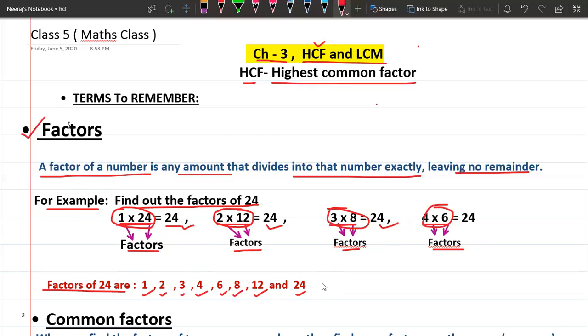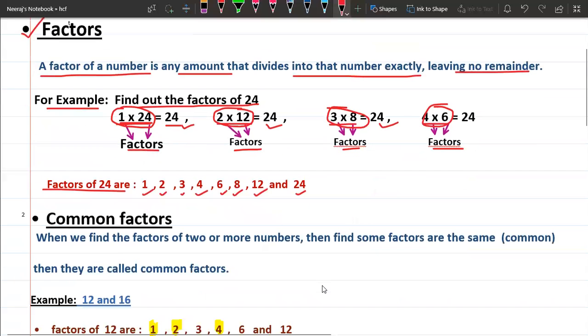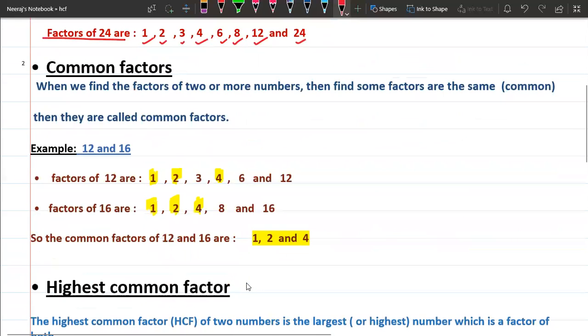After learning the factors, now we will come to the next point, common factors. What are common factors? Common factors are related to factors, but the only difference is what we will see in the question. In common factors, we find the factors of two or more numbers.